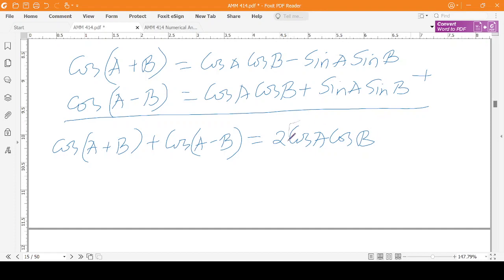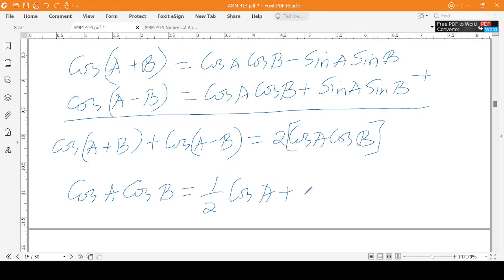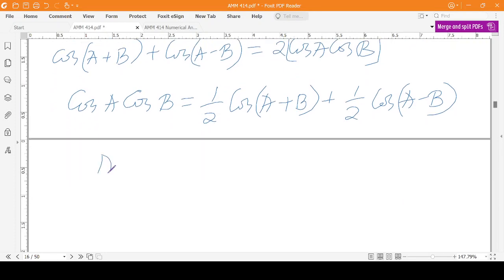We want to make this quantity the subject here. So we divide both sides by 2, and we get cosine of A times cosine of B is equals to 1 over 2 cosine of A plus B, then plus 1 over 2 cosine of A minus B. So we can now replace A with n theta and B with m theta, so that we shall have here cosine of n theta times cosine of m theta.